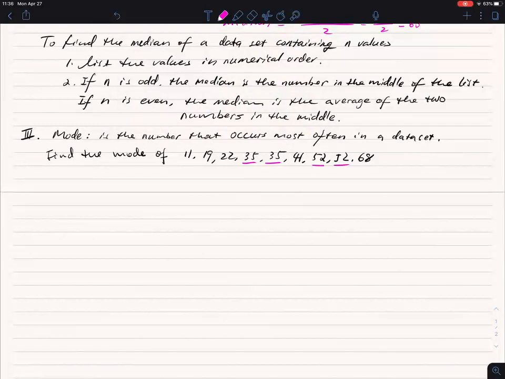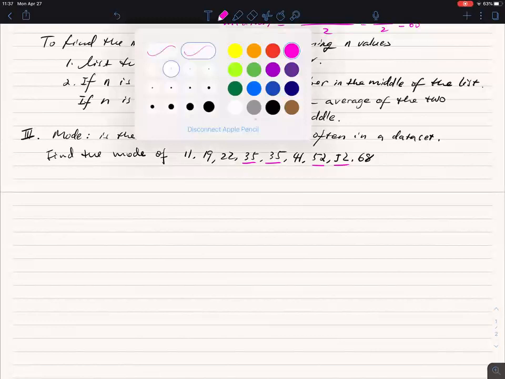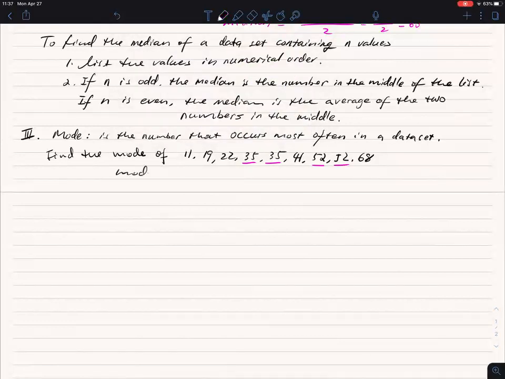So now you see that 35 appeared twice and 52 appeared twice, and they are the most often occurred numbers, right? So the mode in this case is, there are 2 of them, 35 and 52.